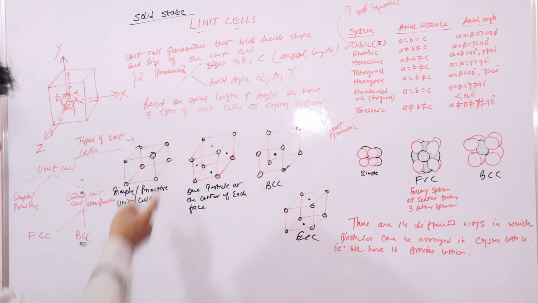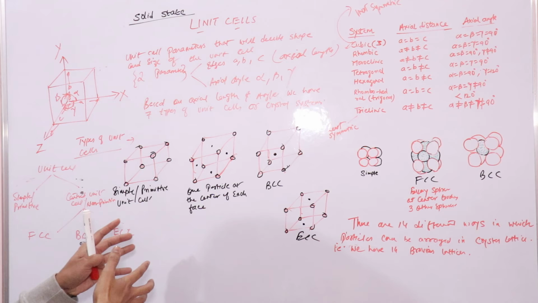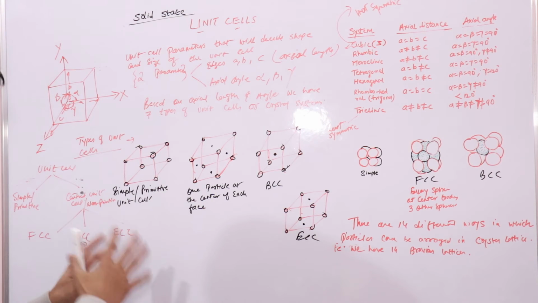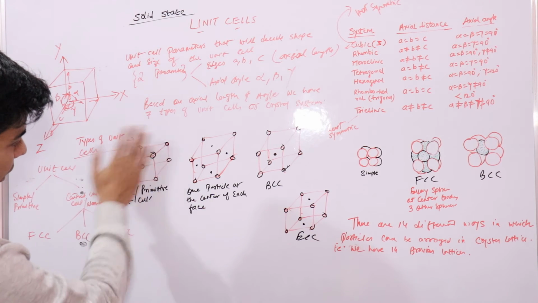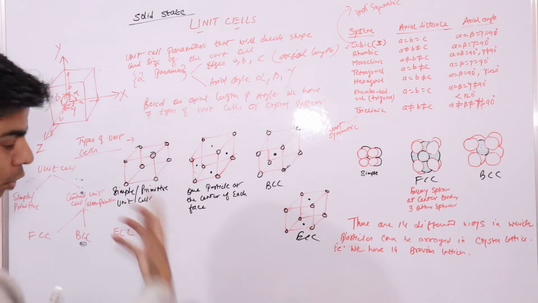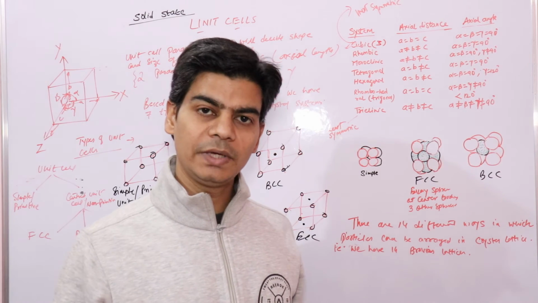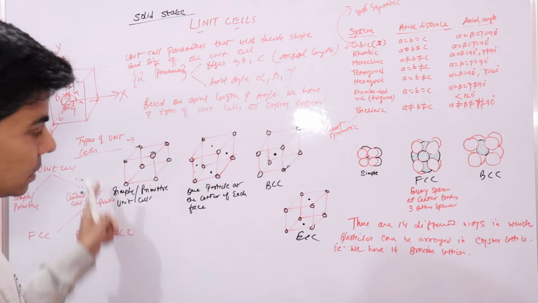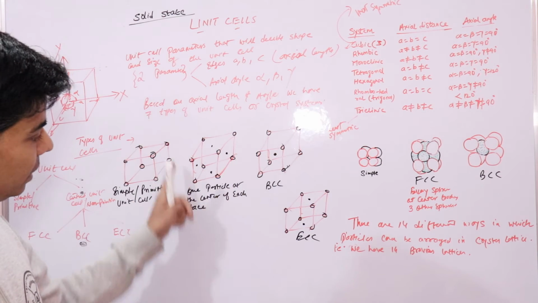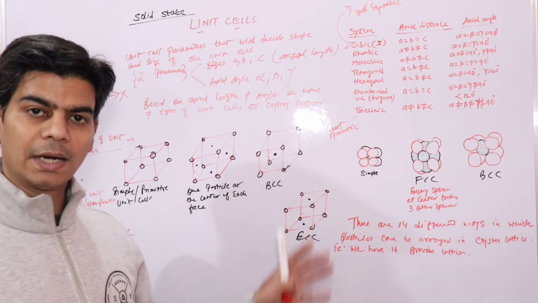If we know this is a unit cell, a simple cubic lattice would be made up of an infinite number of these unit cells. This one small unit cell, if we keep repeating in all three dimensions, gives a crystal lattice. Similarly, if we repeat the FCC, we get a face centered cubic lattice.